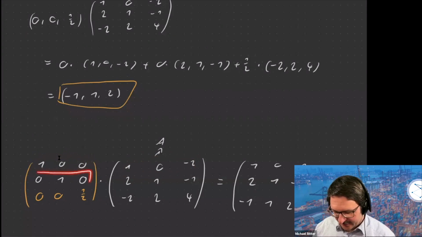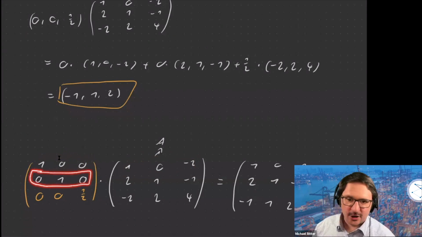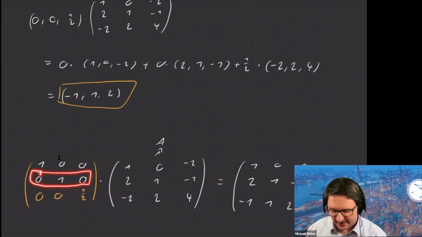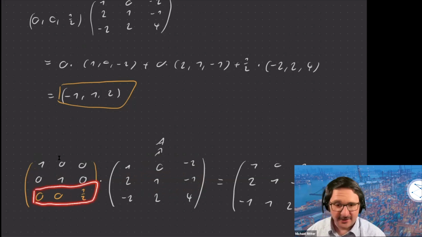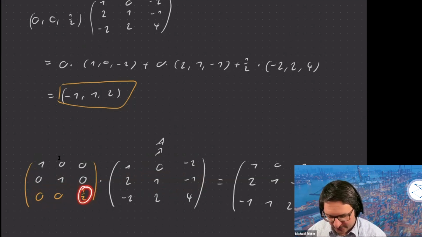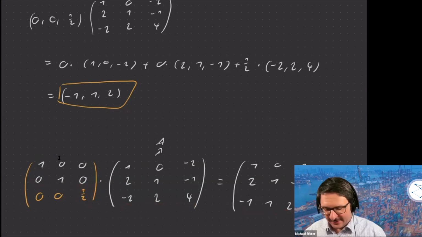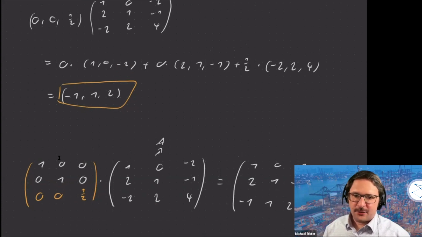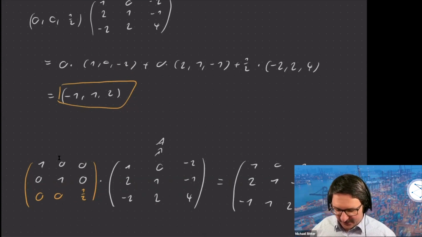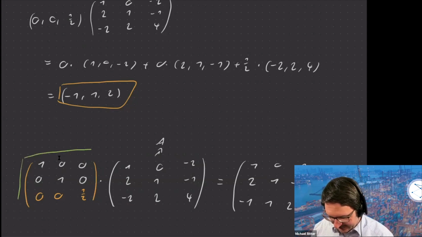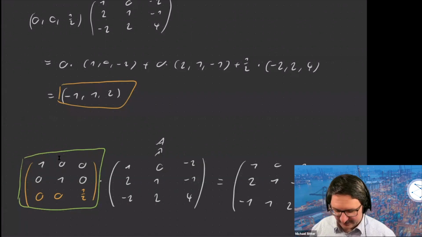The second row of the result will be this linear combination of the rows of A, so 1 times the second row. And the third row of the result will be this linear combination, so 1 over 2 times the third row. And that's exactly what I wanted here. So basically we just have to plug in what we know from A and B already, and you get the right matrix here. Okay, so this matrix here is the one you want.